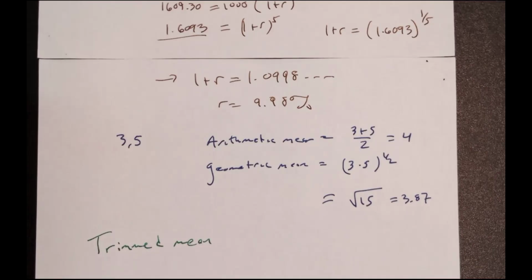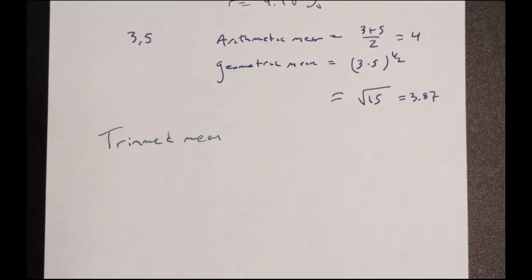A trimmed mean does exactly that. It cuts off a certain percentage of the data.